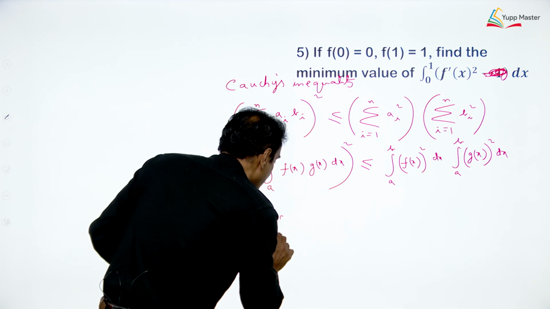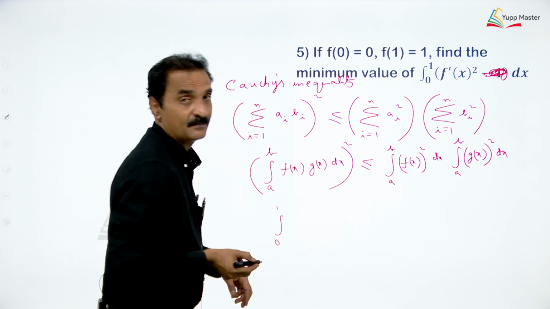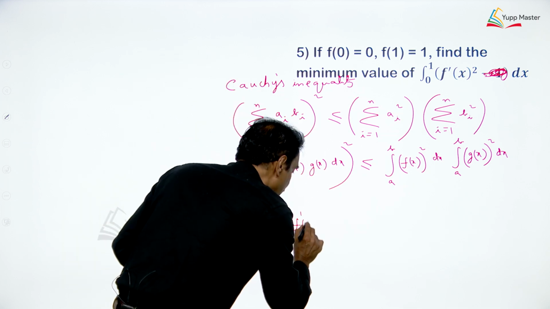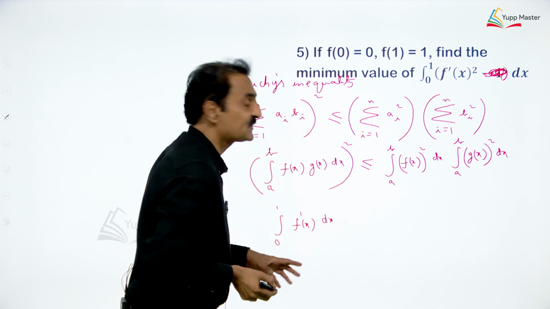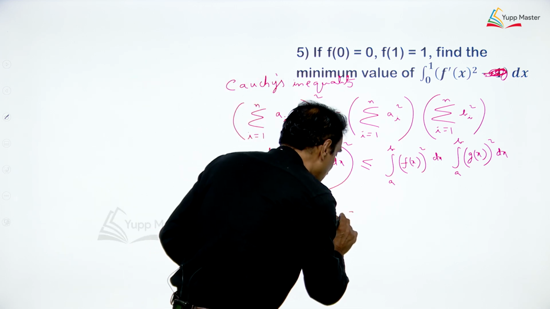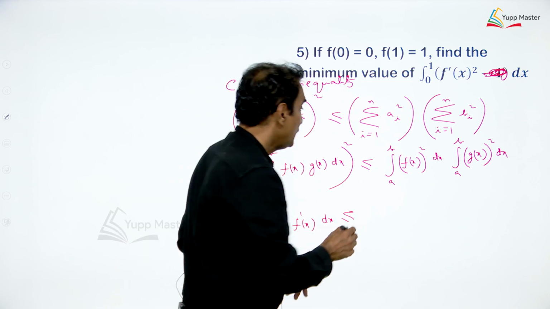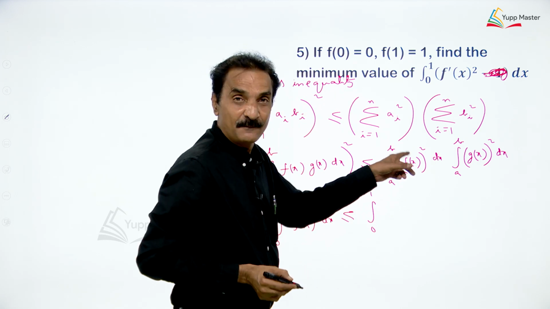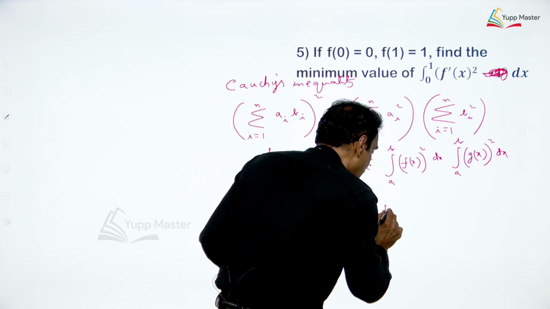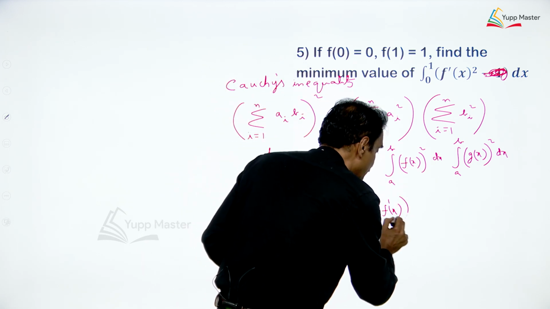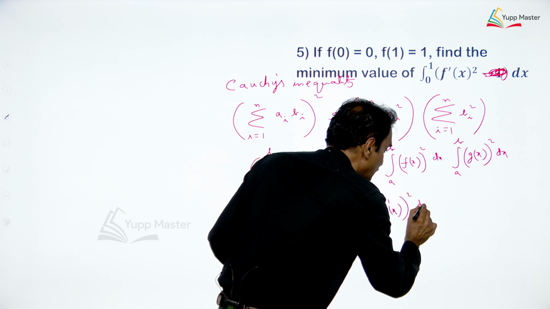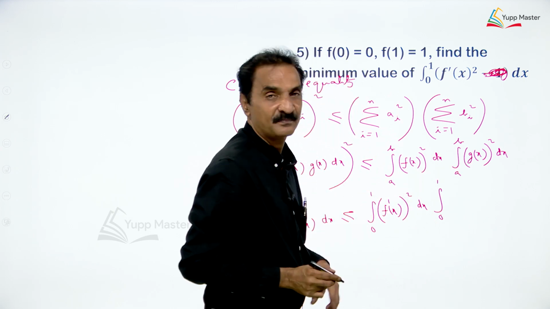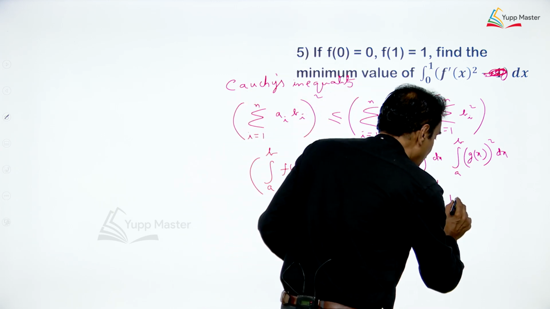So, integral 0 to 1 f dash x into 1 dx, whole square, is less than or equal to integral 0 to 1 f dash x whole square into integral 0 to 1 1 square dx. 1 square is 1.